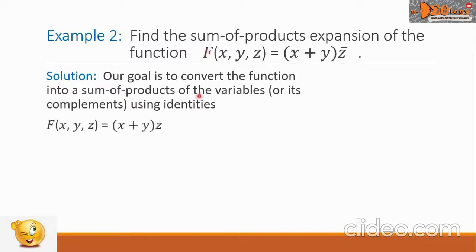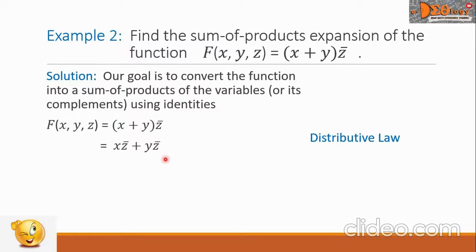Let us write this function down here and then let us multiply the z bar to each of the variables inside the grouping symbol. So we have x times z bar plus y times z bar. We followed the distributive law.